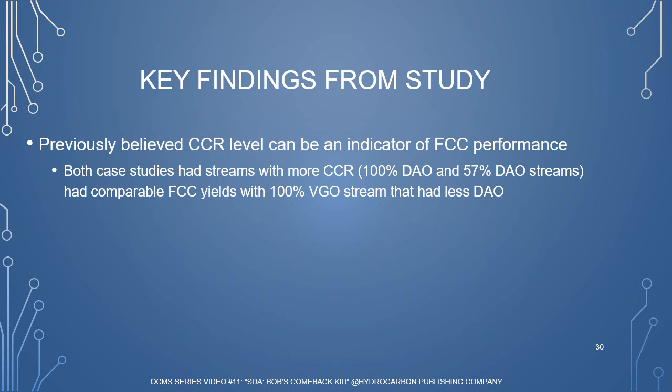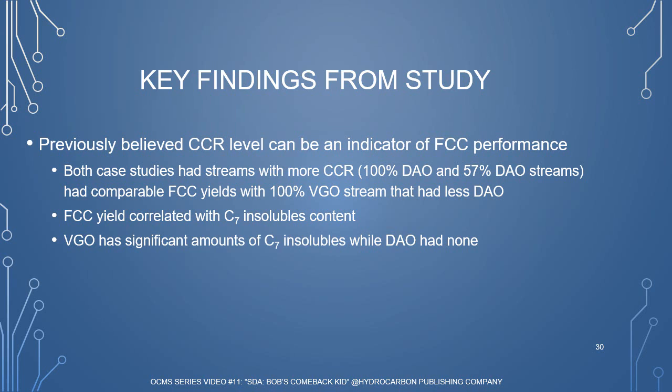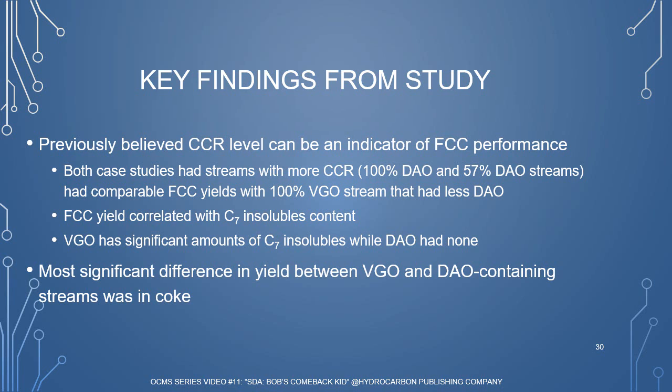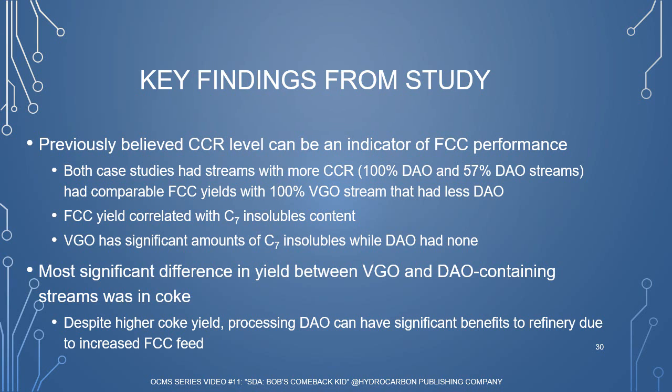Instead, it was shown that FCC yield was correlated with C7 insolubles content. The VGO stream has more C7 insolubles content than the DAO stream, which did not contain any C7 insolubles. The most significant difference between VGO and DAO containing streams was in coke yield. Even though there will be a higher coke yield, processing DAO is still beneficial due to increased FCC feed.